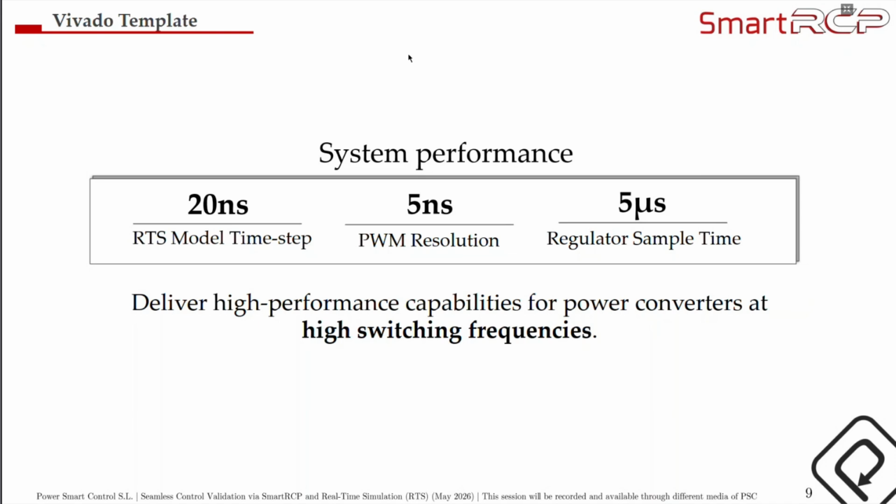Finally, the calculation time of the regulator is going to be around 5 microseconds, which is short enough considering the sample time of the ADC conversions. So the summary of this is that we can deliver high performance capability for power converters with a high switching frequency, or at least switching frequencies around the tens of kilohertz.